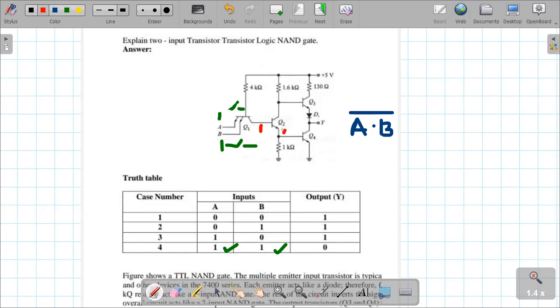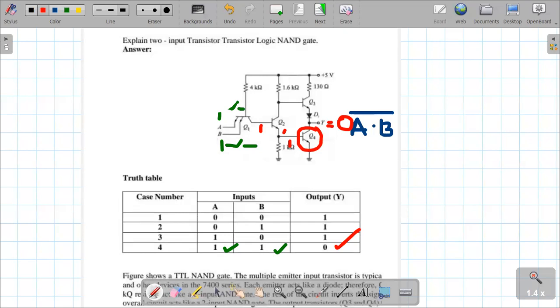The emitter of Q2 is connected to Q4, so the base of Q4 will be 1, and therefore the output of Q4 will be at logic low, that is 0. Okay, this is about the working of the NAND gate.